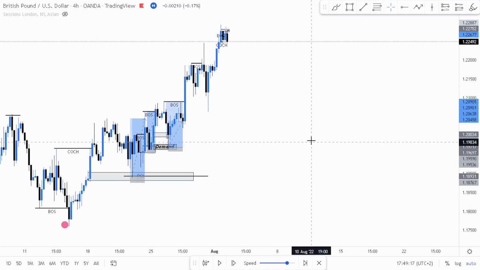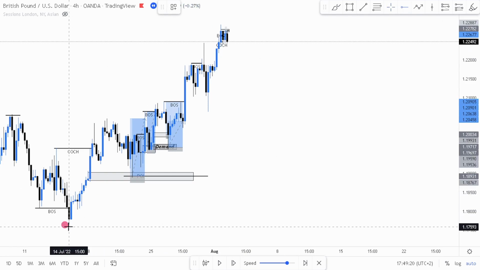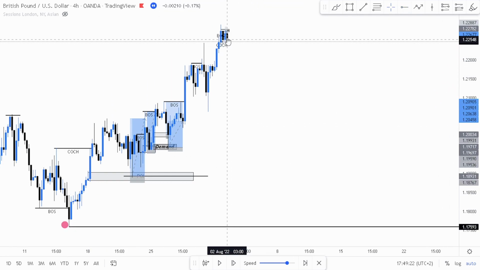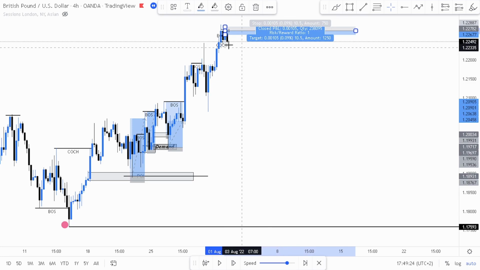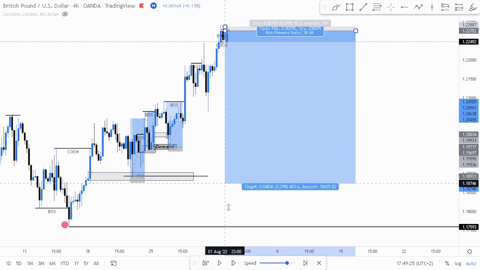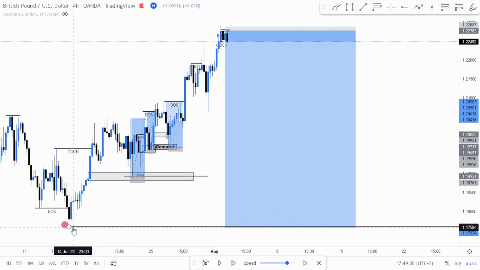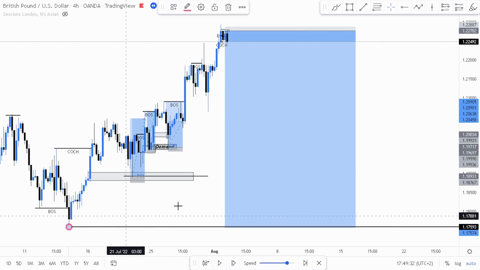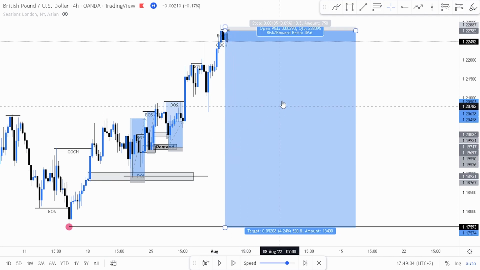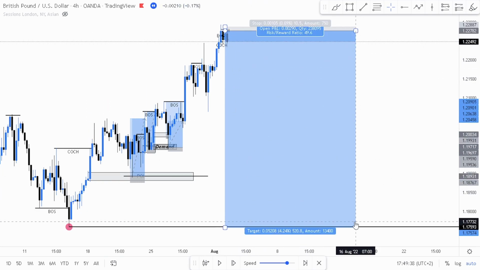Now this trade, it is a trade that we want to take, and it is a trade which should give us the move to the downside, eventually breaking our previous lows. So taking this trade, we are looking for price to reach all the way down here.